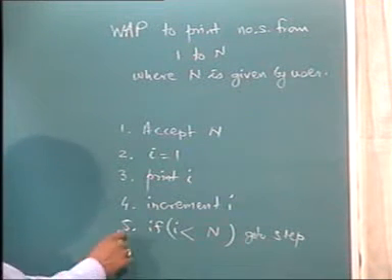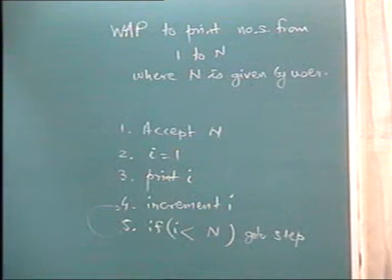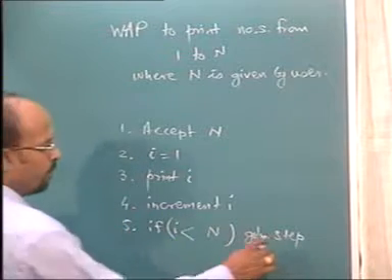See, if you go to step 4, it will increment, it will check, it will increment, it will check, whereas you are required to print every time. So it will be to step 2.